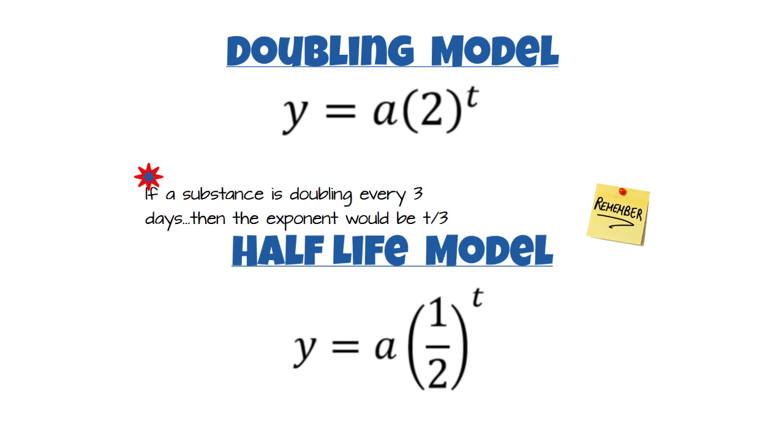It doubles every week or every year or every 10 years or, oh, wait, 10 years? How do you deal with that? This is how you deal with this. Not everything's going to double or do a half-life in a nice 1 unit of time. So if it's going to double every 3 days, then instead of putting a T here, you put a T over 3, and that's what goes here. You'll have some of those on your homework, so be looking for those to happen.